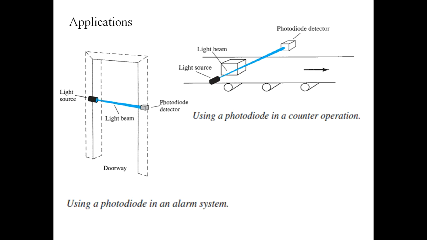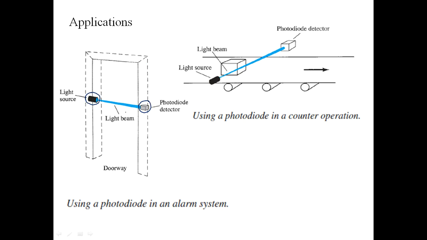Then lastly, coming to its applications, where do we use them? Photodiodes are normally employed or used in alarm based security systems. Okay, this slide gives you a very simple example of an alarm system. Just observe, it's a light source which generates light, and light falls on this particular photodiode detector.